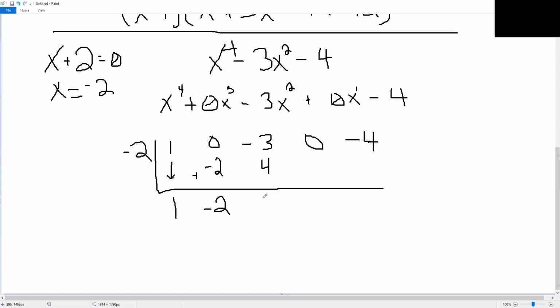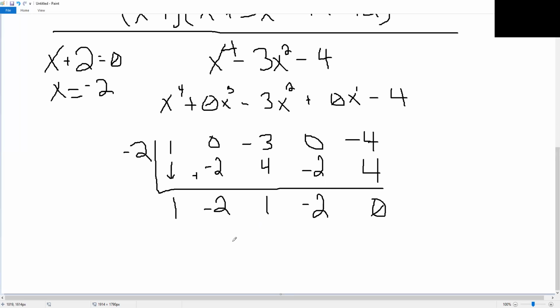And -3 plus 4 will give you 1. -2 times 1 is -2. And of course, 0 plus -2 is just -2. And then we repeat. -2 times -2 is just 4. And that gives us a 0 here. So yes, we can say that they can pull this out.